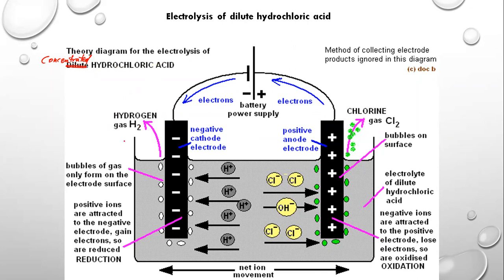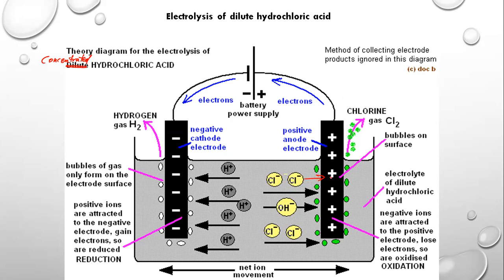Now it's the same procedure. I can go ahead and explain the whole thing again, but there's no need to. What I will do is write your half equations at each electrode so you can see what is going on at each electrode. But the procedure is the same. The anion there moves to your anode, that is your chloride.